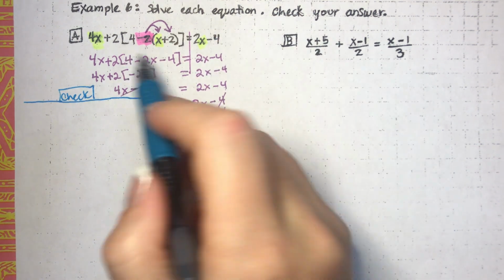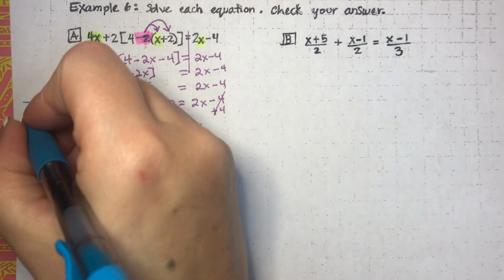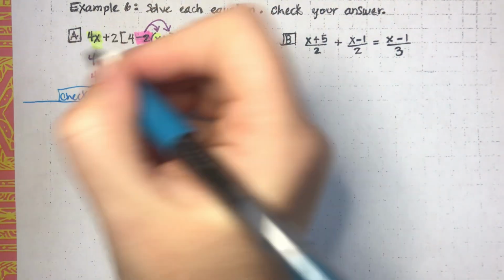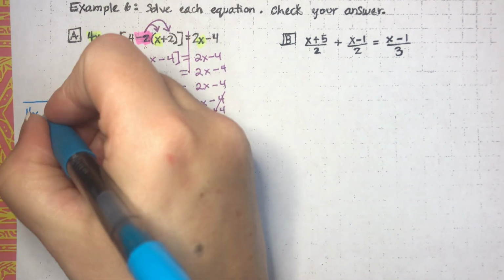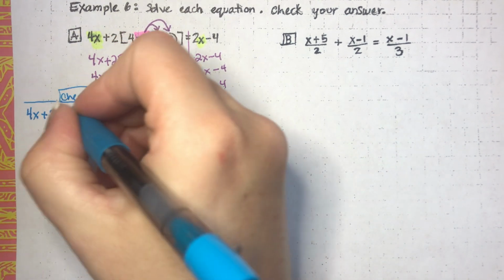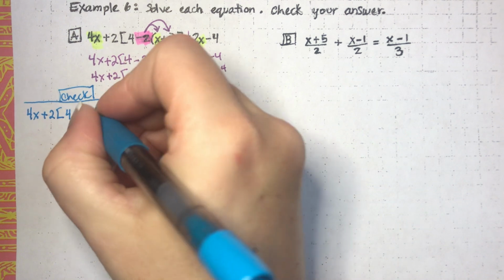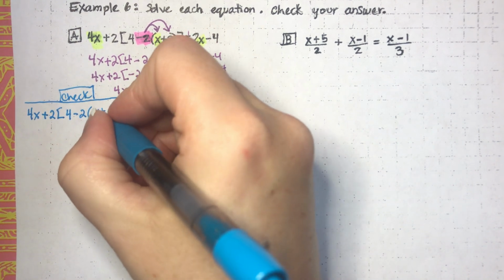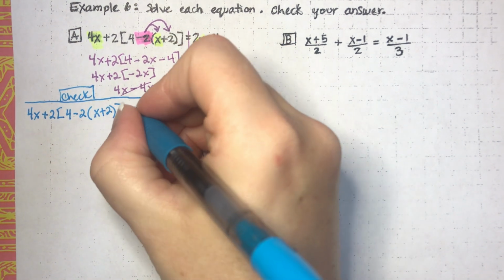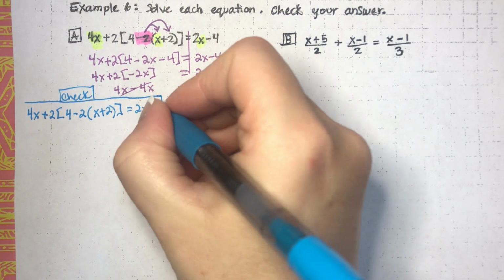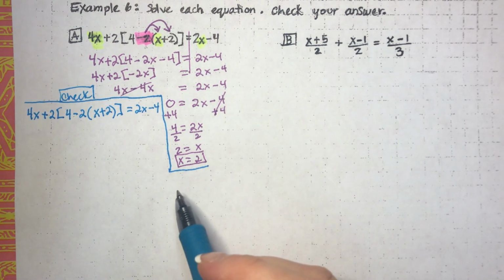And then I'm going to write that original equation, the whole thing, but I'm going to write small because it's kind of long: 4x plus 2 multiplied by the quantity 4 minus 2 multiplied by the quantity x plus 2 equals 2x minus 4. Whew, just enough space.